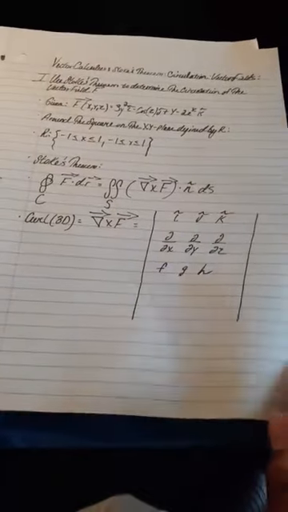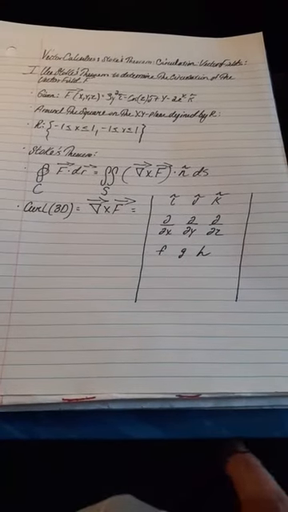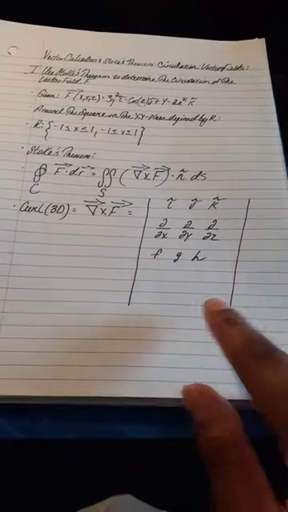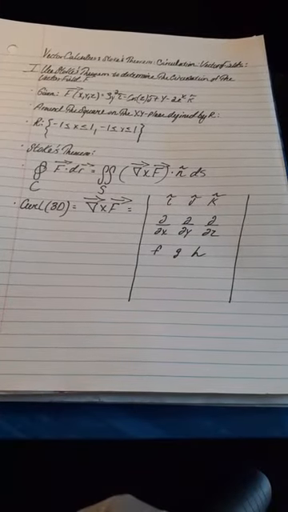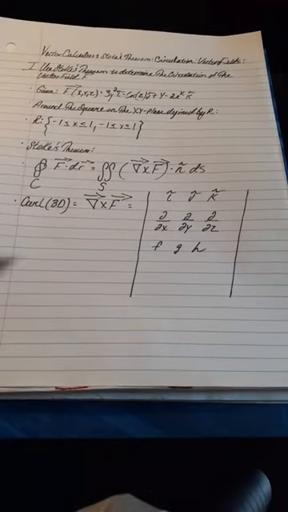We have our del operator, the partial with respect to x, y, and z, and then the components of the vector field, f, g, and h. So that's the formula for the curl.